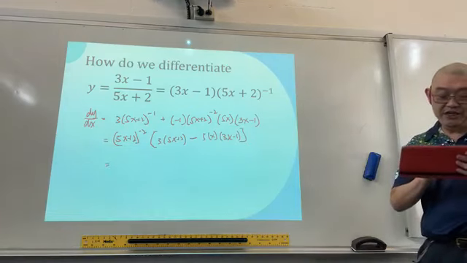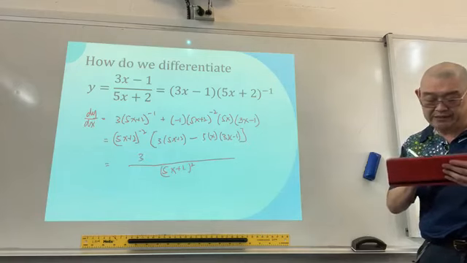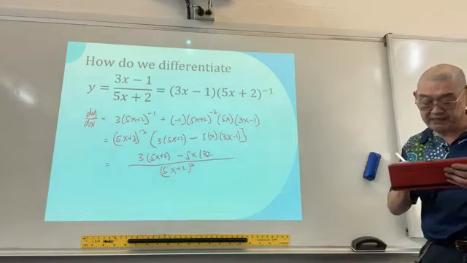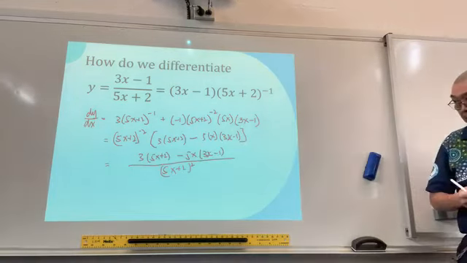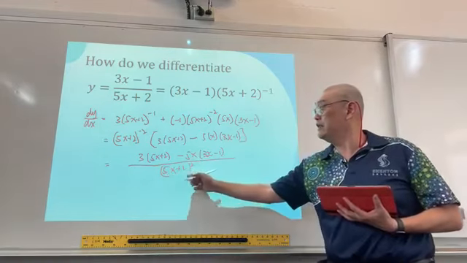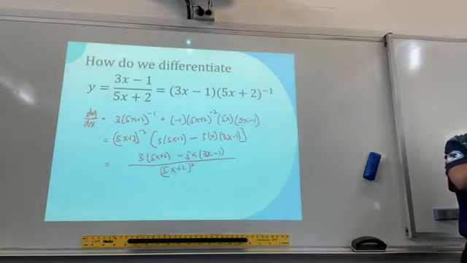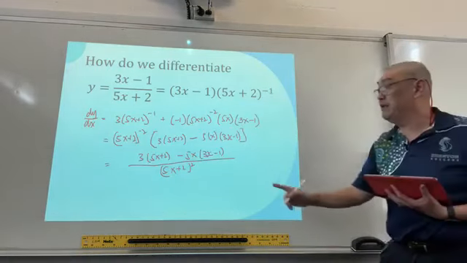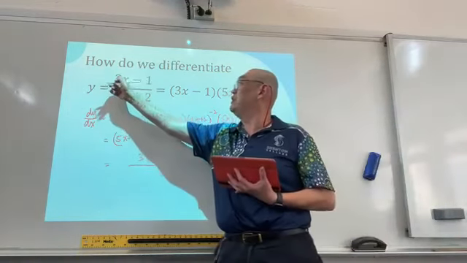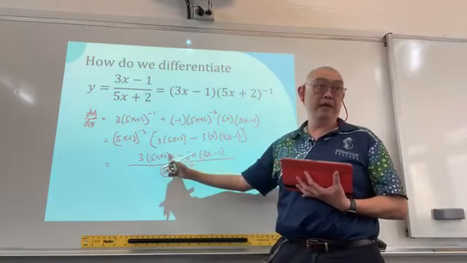So if I rearrange it, I now have (5x plus 2) squared, over 3 times (5x plus 2) minus 5x times (3x minus 1). Alright, now can you observe that this is actually just the square of the denominator? Correct? And the next bit here, what I'm doing is taking the derivative of the numerator multiplied by the denominator.